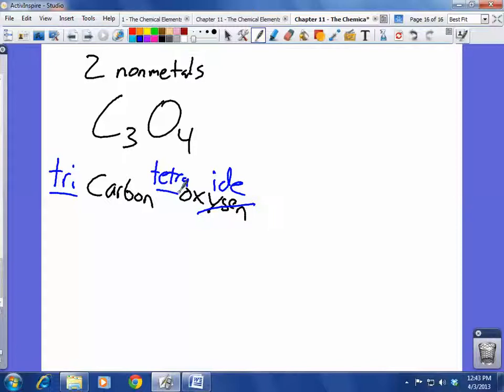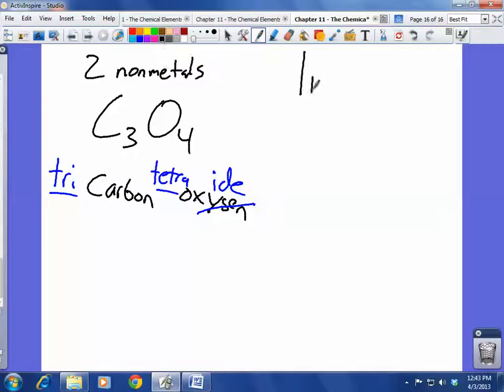So now this is the only bad thing. We do have to memorize what these prefixes are. And this is definitely in your book too, so you don't have to worry about copying this down right now.